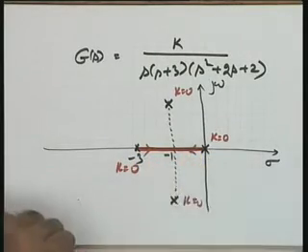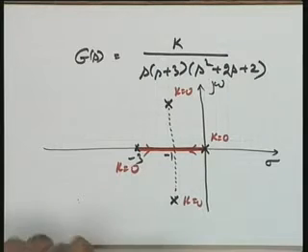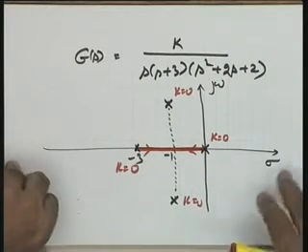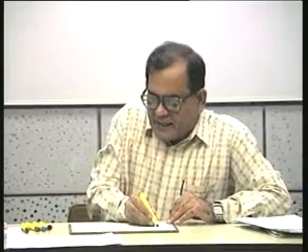I want you to make an attempt, first of all, to get an idea as to what type of root locus you expect. We will make the calculations later, and for that I make the pole-zero diagram so that it is properly scaled.